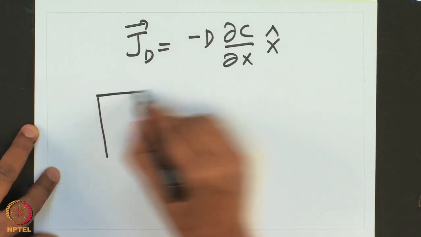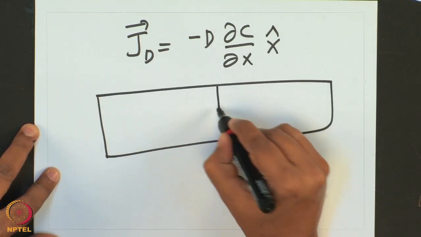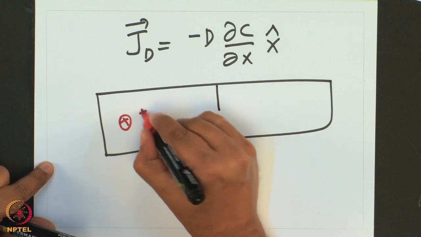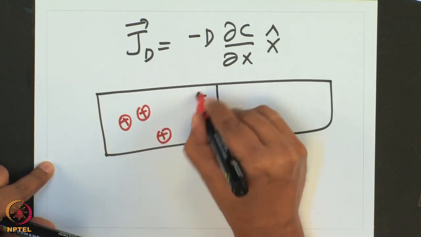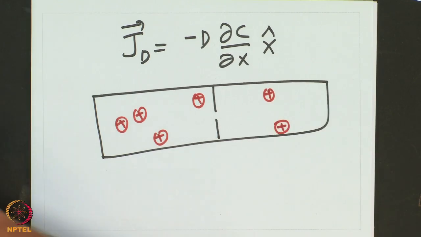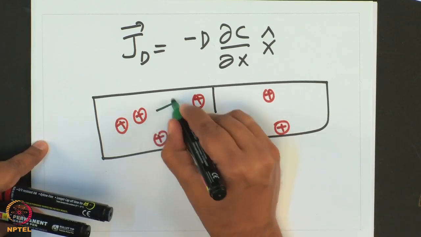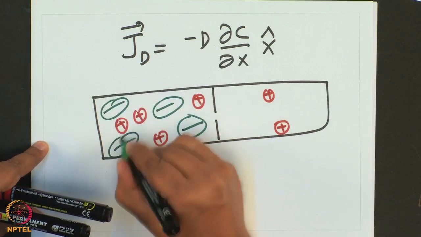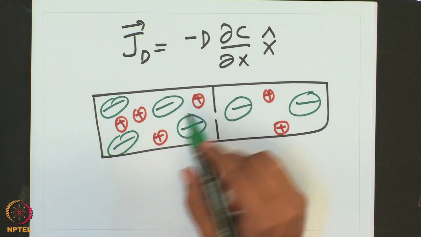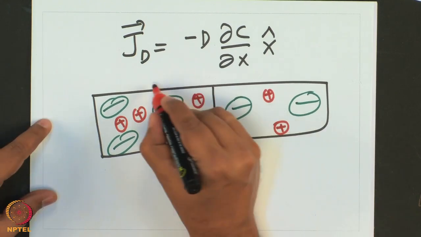What we have is this chamber with plus and minus. You have some amount of plus ions and some amount of minus ions on both sides. Now a flow will happen of plus ions from here to here.